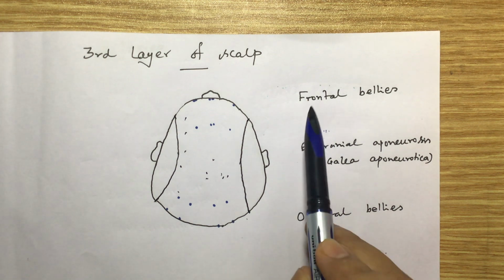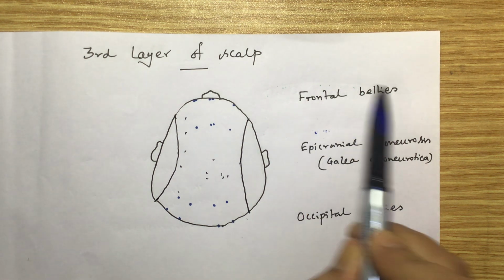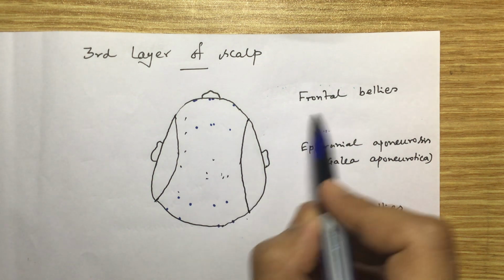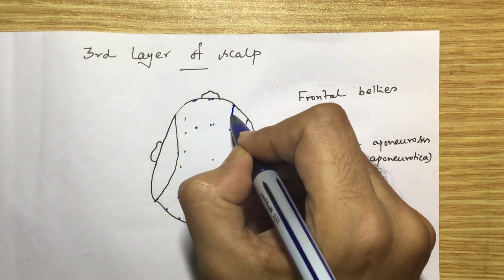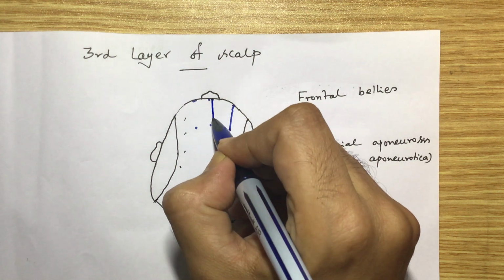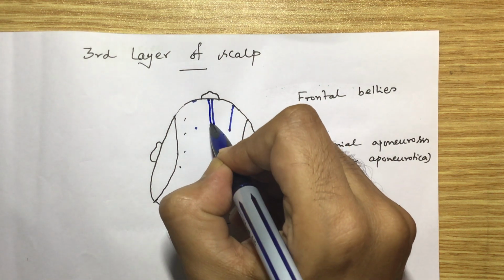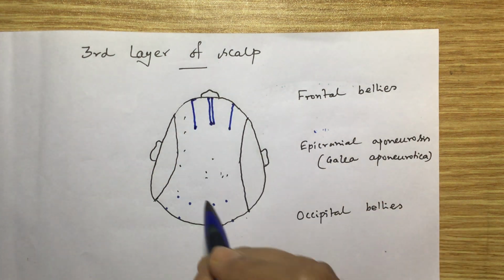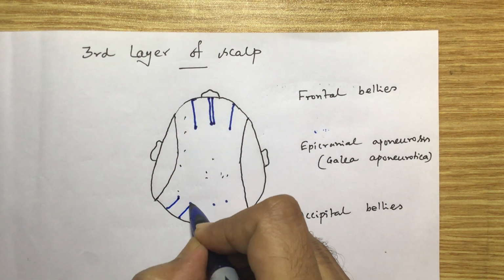Here lie 4 bellies, 2 frontal bellies and 2 occipital bellies. And the frontal bellies are present here. It is longer and wider in comparison to the occipital one.